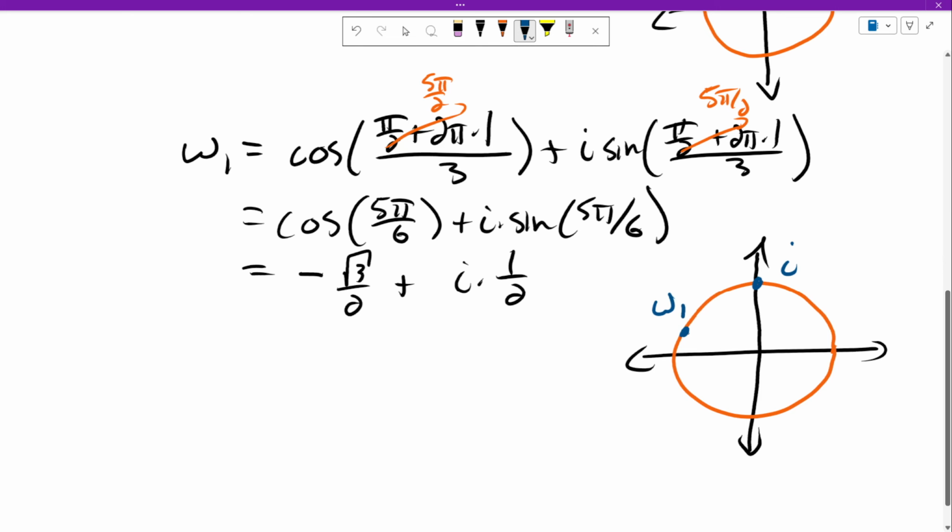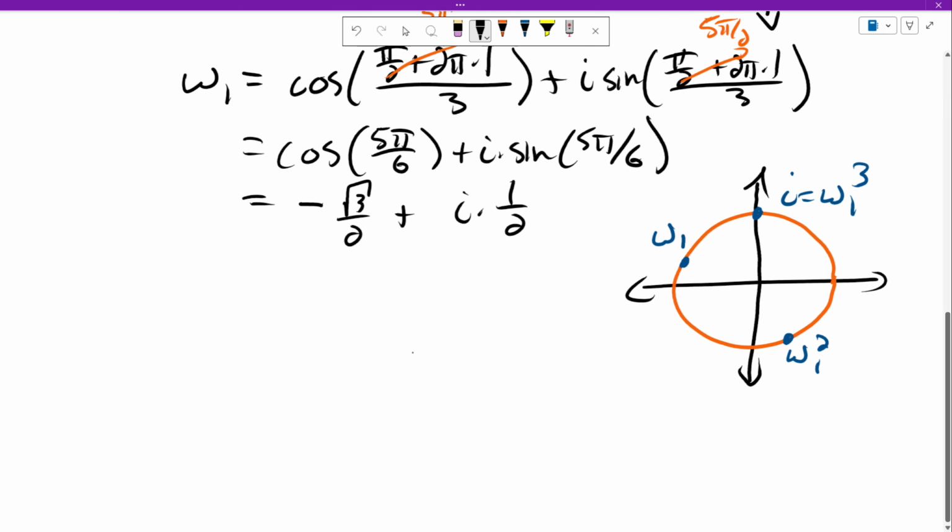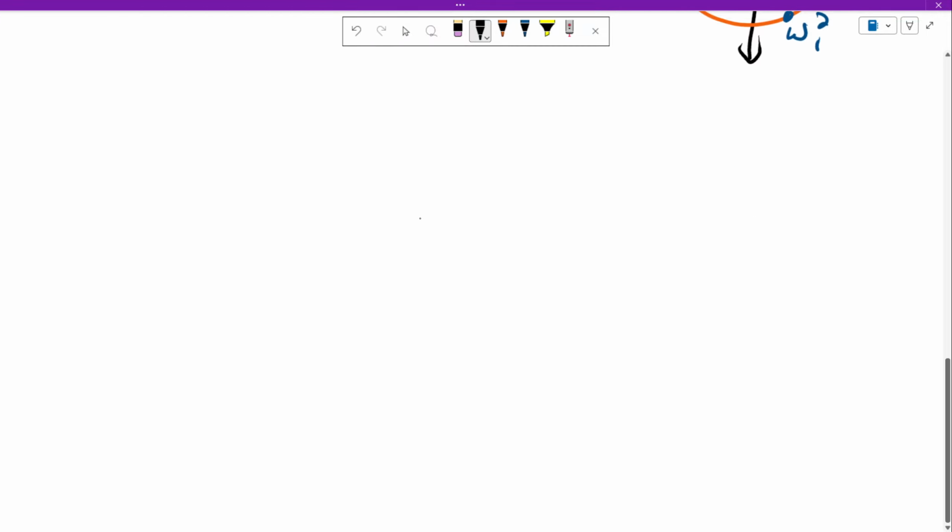When we square w_1, we move another 5 pi/6 around the circle, and that should put us about here, w_1 squared. Then when we cube w_1, it moves us another 5 pi/6 around the circle, up to there. So that is in fact another cube root of i. And if we cubed this out, we would recover that.